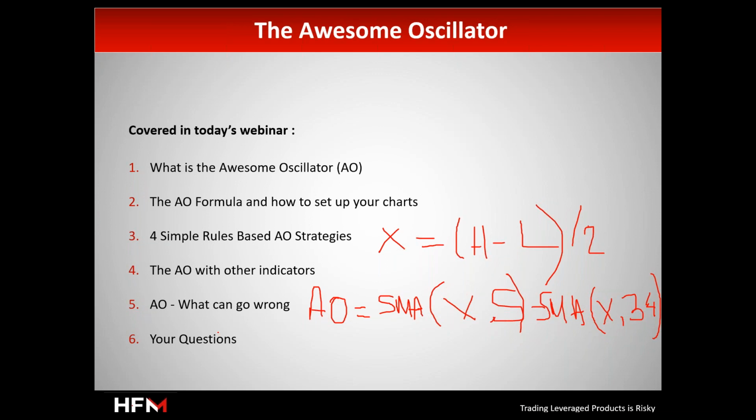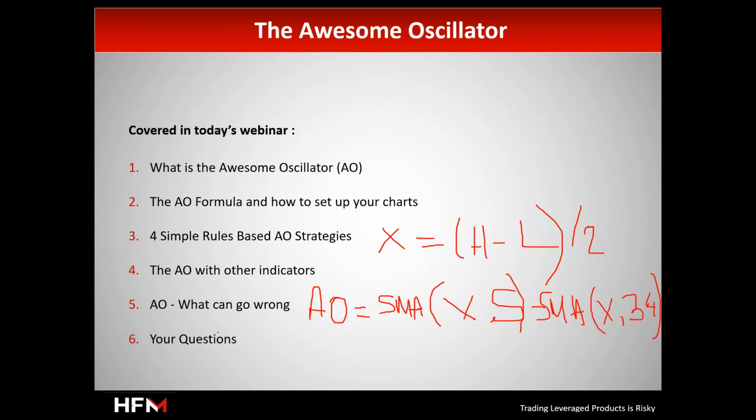So first of all, it calculates the difference of a 34 period moving average and a 5 period moving average. More precisely, the simple moving averages that are used are not calculated based on the closed price, but based on the midpoint.